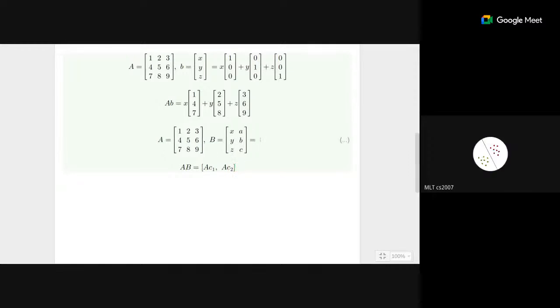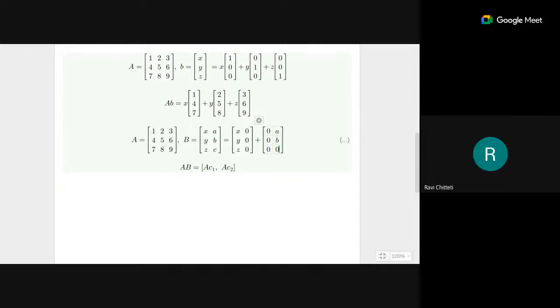Like what Sarvesh mentioned, I'm going to split it in the following form: x y z plus 0 0 0, plus 0 0 0 and a b c. Can I do this? Now if you multiply A with this matrix, essentially it will be a bunch of zeros here.